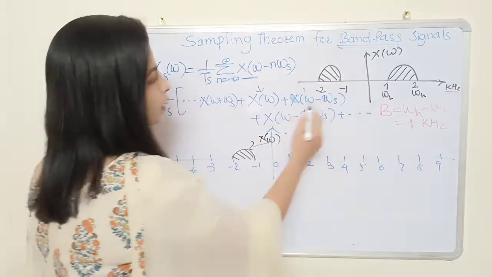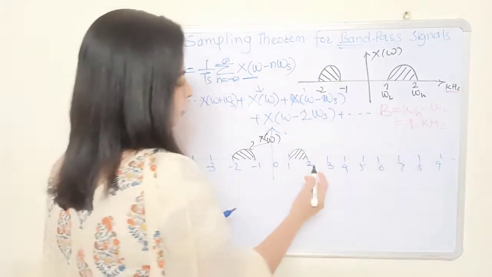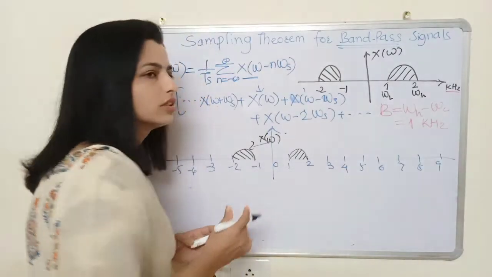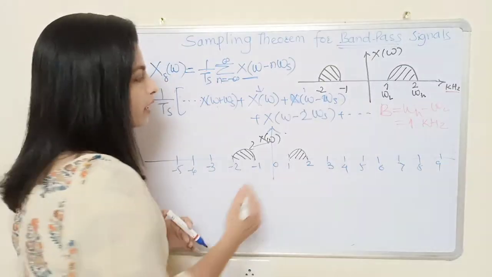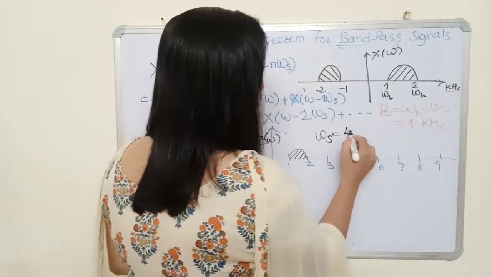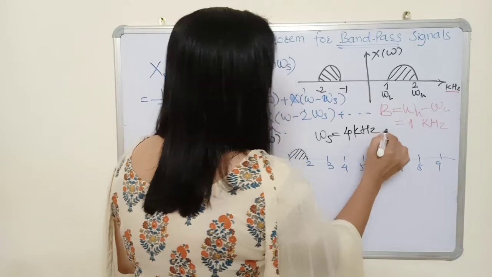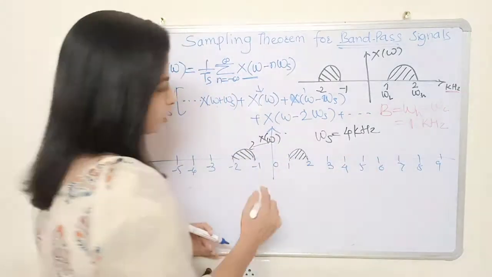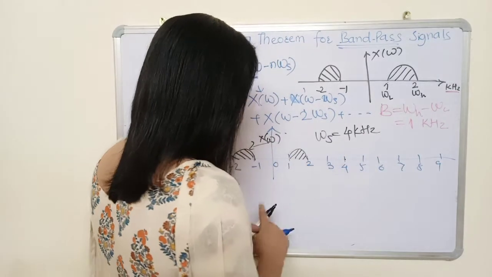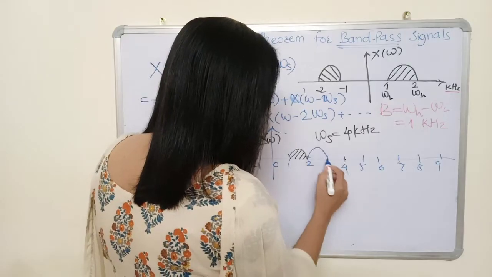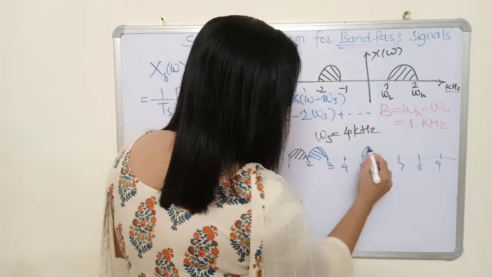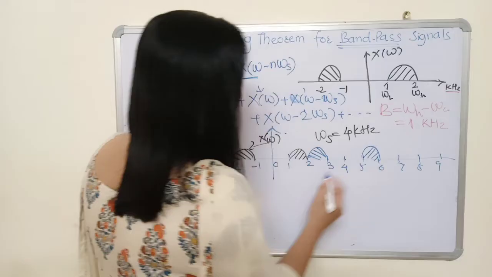Now X of omega minus omega s. So it's 2 kilohertz, which is the higher value. So omega s is equal to 4 kilohertz. Okay, 4 kilohertz. So here, now we'll draw this.